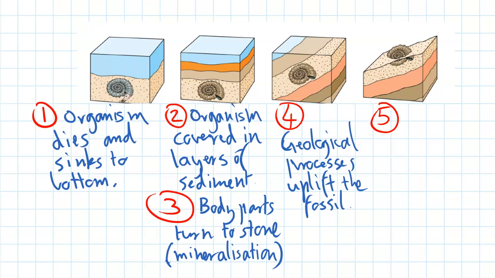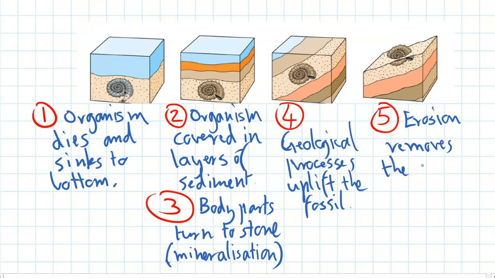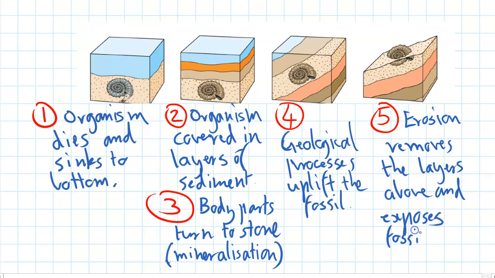Eventually, our fossil will be exposed and someone has a chance of coming along and finding it. So erosion removes the layers above and it exposes our fossil. So that's the main process of how we can find fossils.